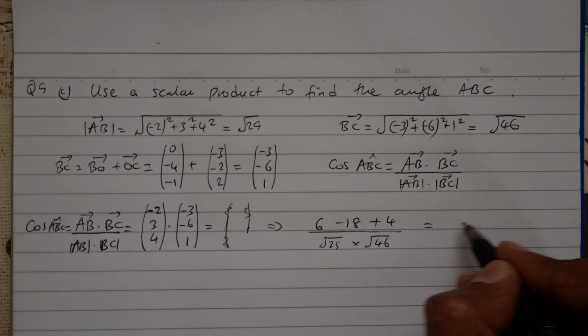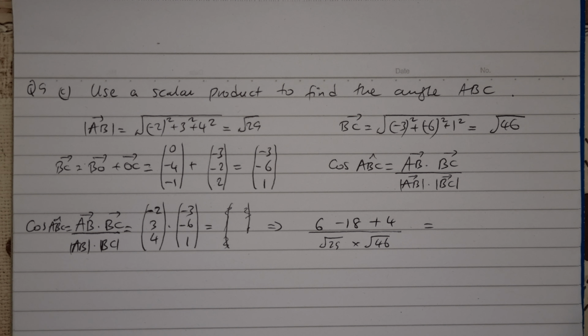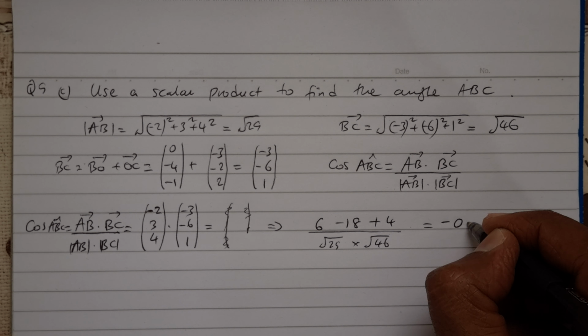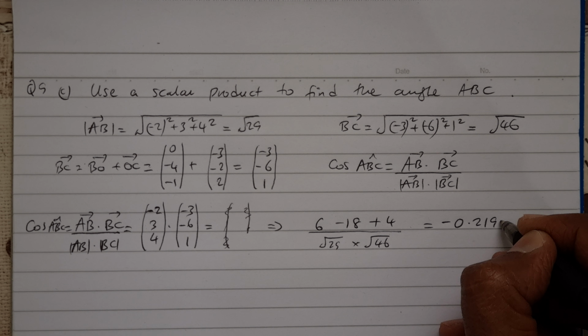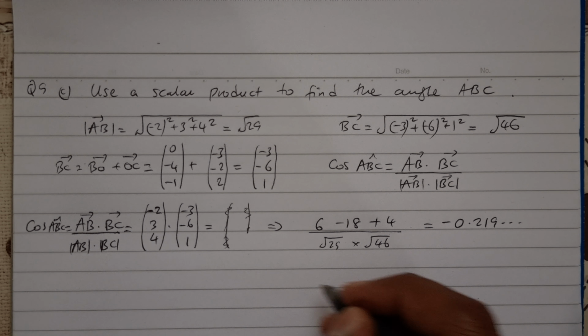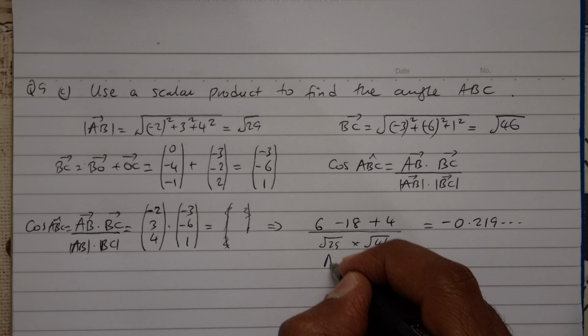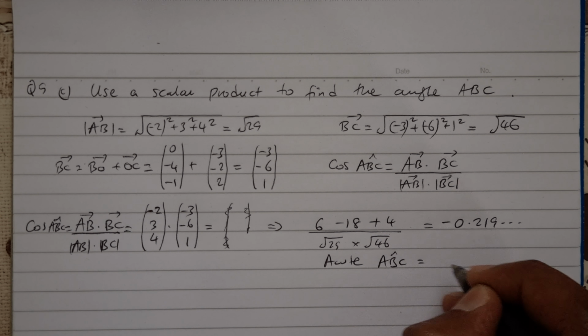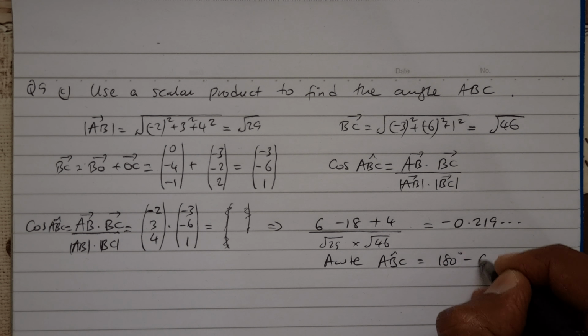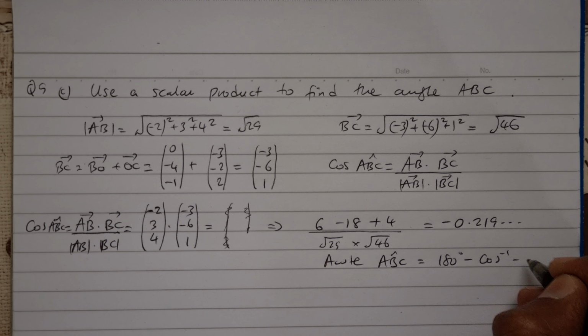And all of that comes to negative 0.219 and so on. So if I want the acute angle of ABC, it's going to be 180 minus the cos inverse of minus 0.219.